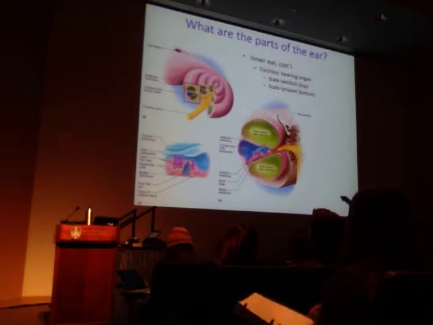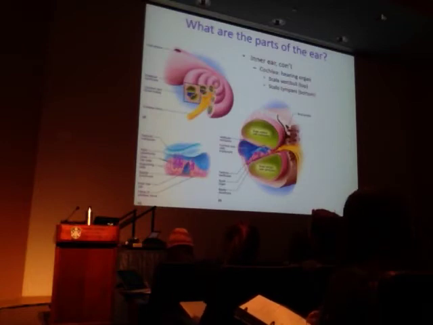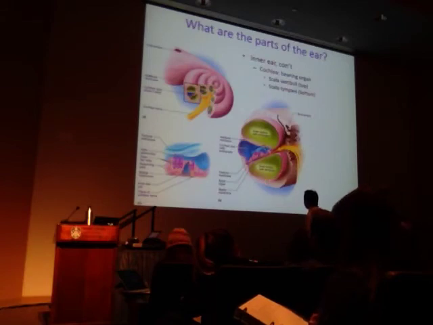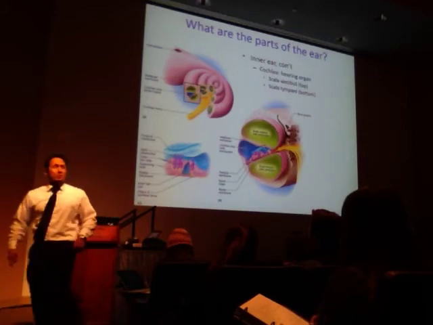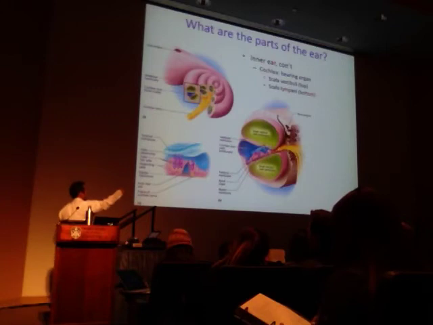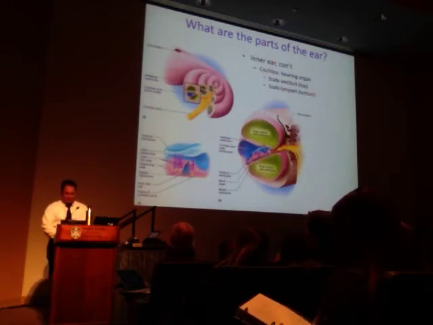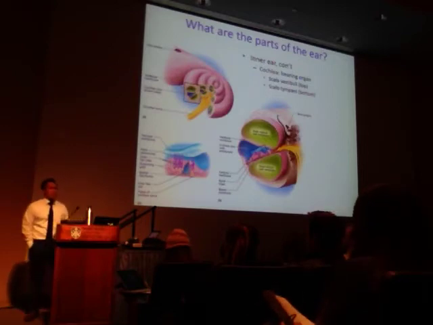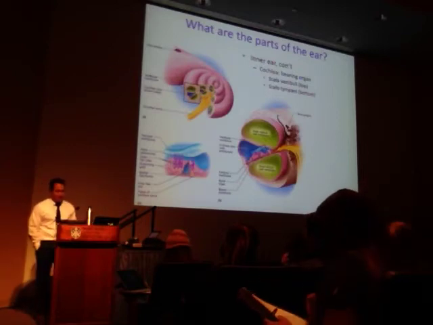So you have this upper tube known as the scala vestibuli, and you have this lower tube known as the scala tympani. And then you have a tube in the middle between them known as the cochlear duct. The cochlear duct is filled with endolymph, and the endolymph has potassium as the main ion.